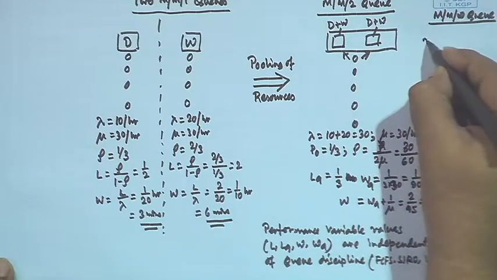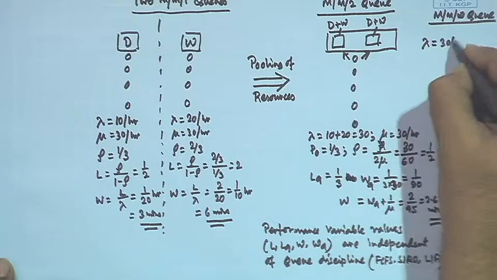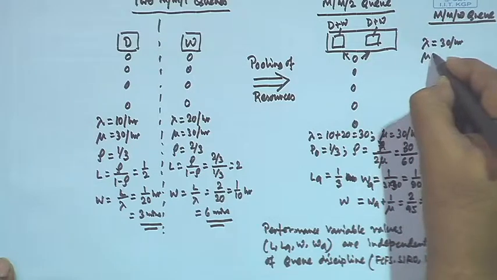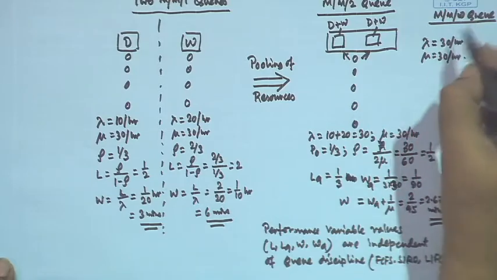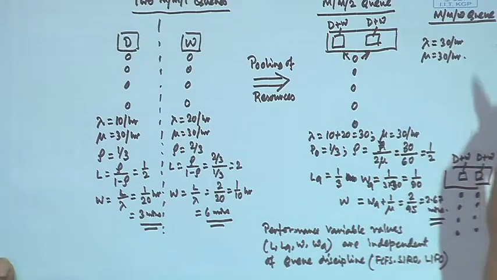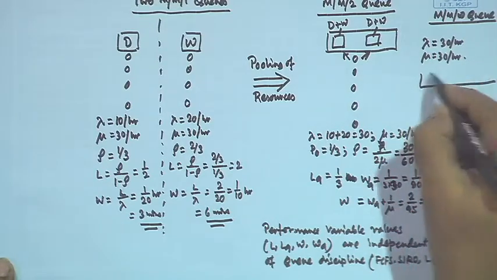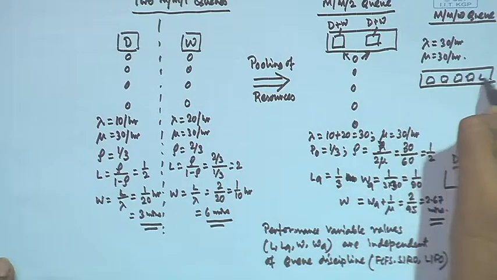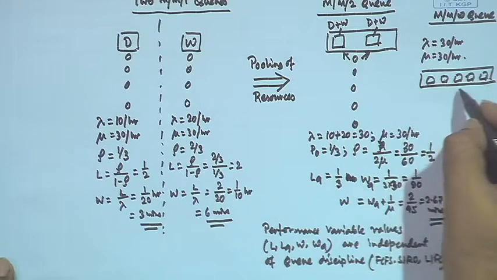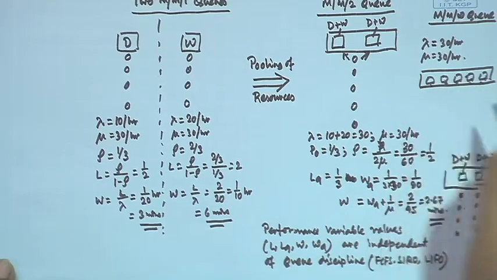In this case, lambda equals 30 per hour, mu is also 30 per hour, and the service system is like an infinite queue. Virtually there are infinite servers. The customers, as they come, get a separate place to get their work done, and nobody is waiting.